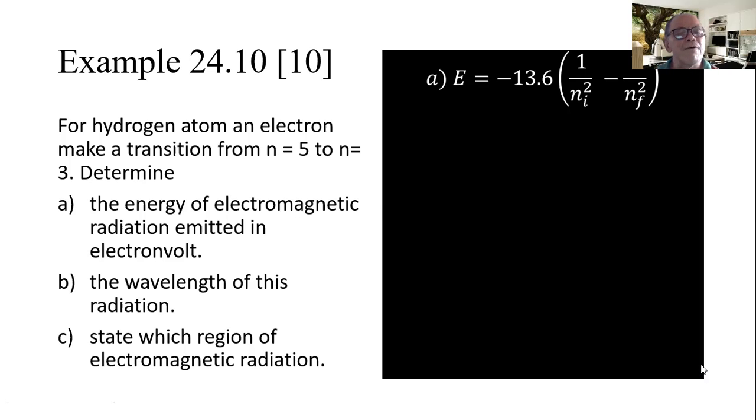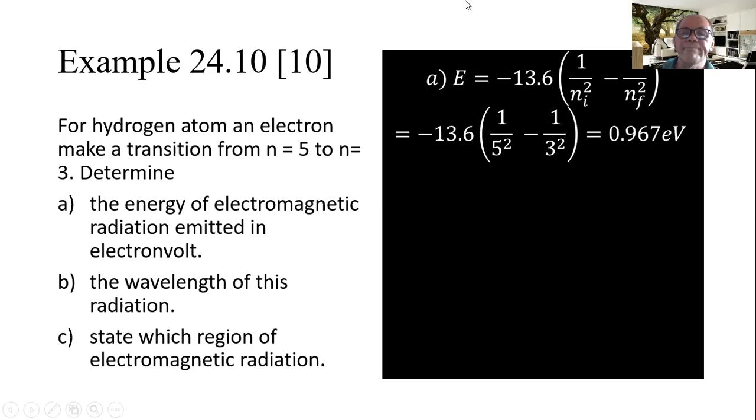Determine, for a hydrogen atom, an electron making a transition from n=5 to n=6. The answer is 0.967. Let's put it inside there. Initial is 5 and 6. Okay, 0.967, good. Now calculate the wavelength.